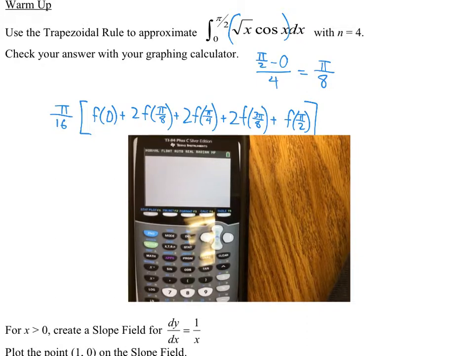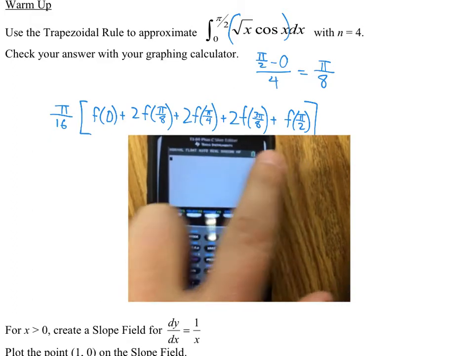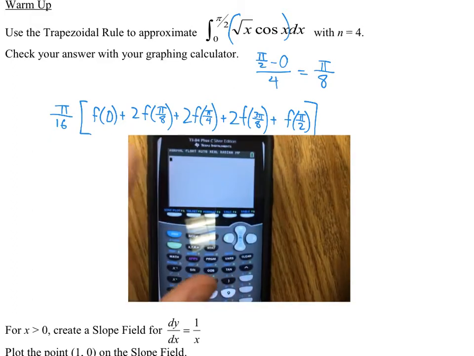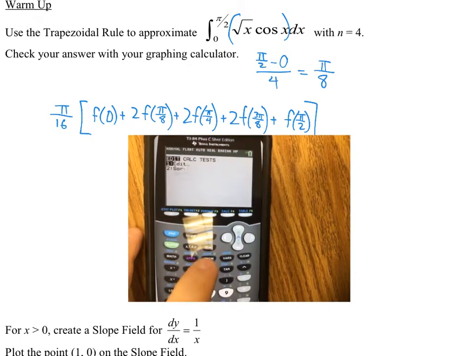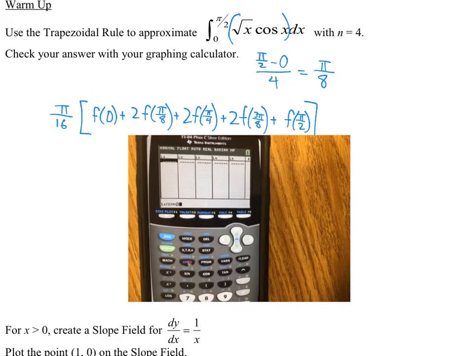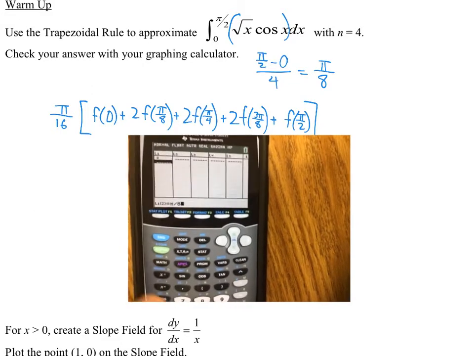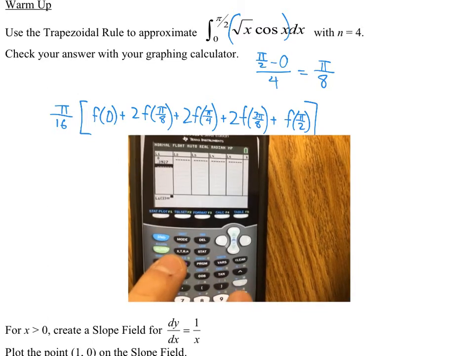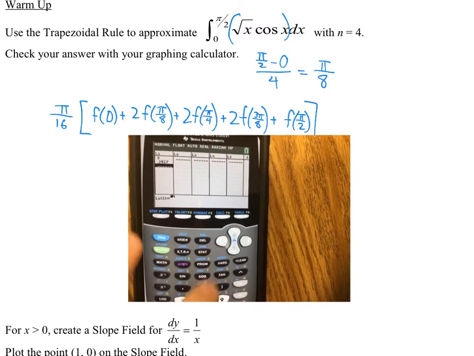All right, so here I'm going to start out by first of all putting in the different x values into my list. So I'm going to go to Stat, Edit, and in list 1, I'm going to put in 0. I'm going to put in a pi over 8, pi over 4.